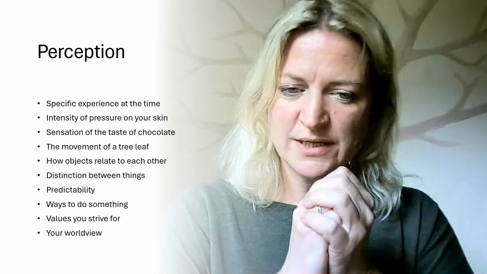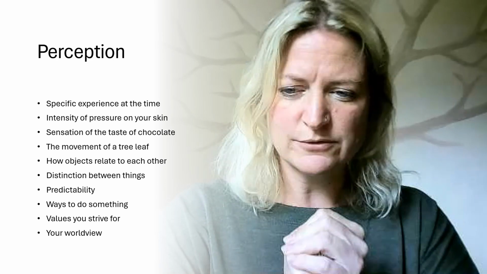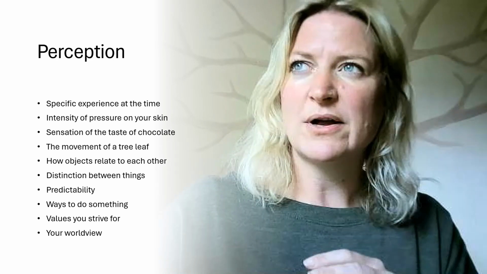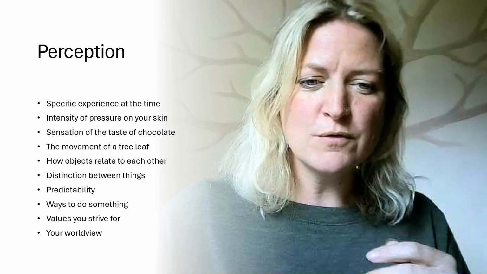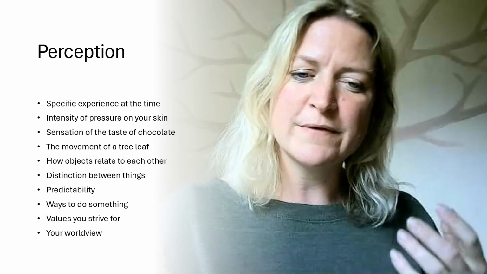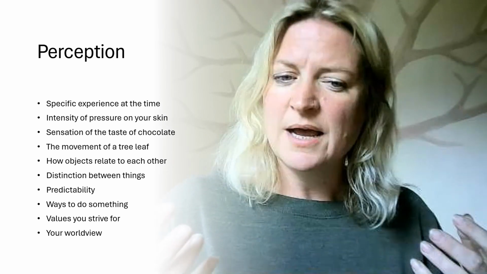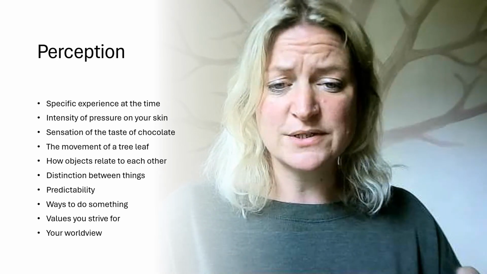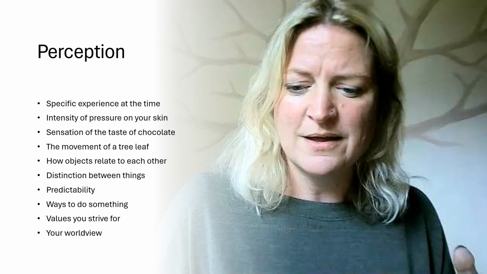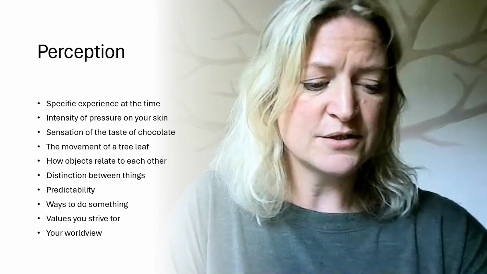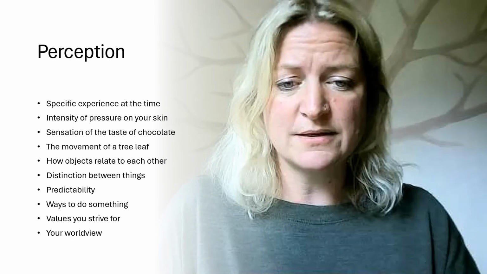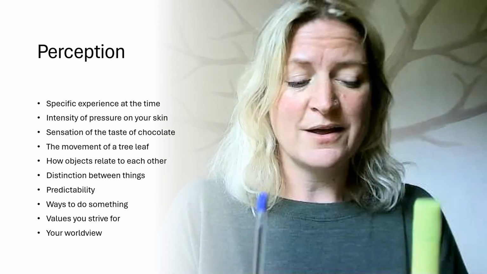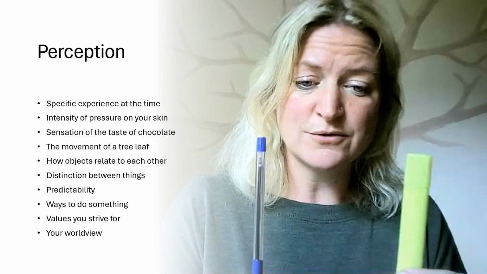So this perception is a specific experience at this time, and it can range from the pressure on your skin when you touch yourself, or the taste of chocolate. I can look outside and see a tree leaf moving in the wind, so that movement is also a kind of perception. How objects in space relate to each other is also a kind of perception. Understanding the distinction between things is also a kind of perception. So I can understand that these are two different kinds of objects used for different purposes.